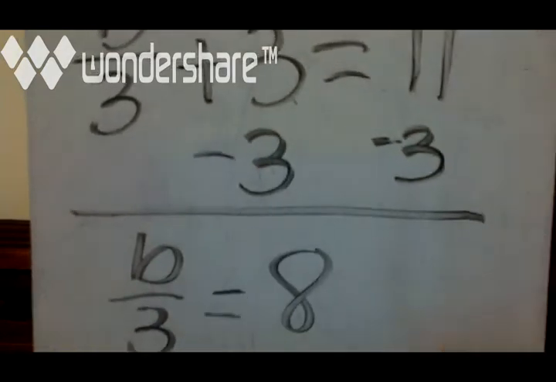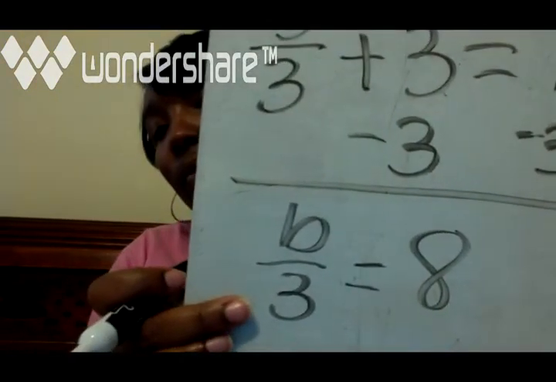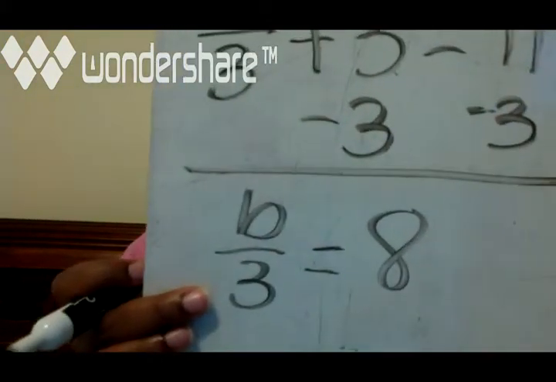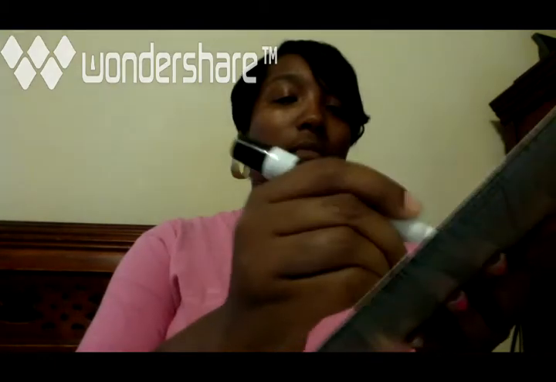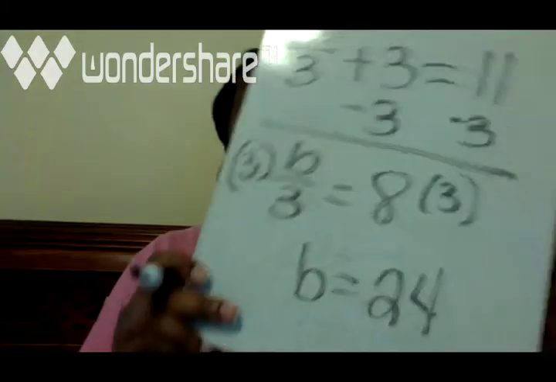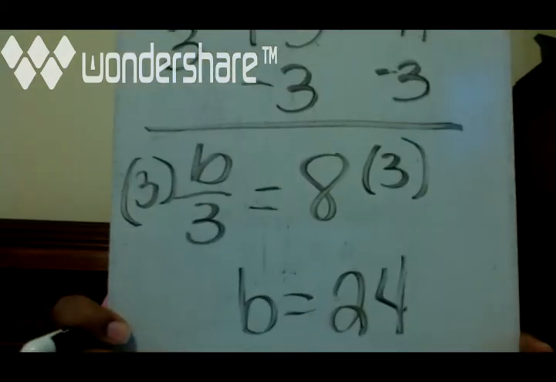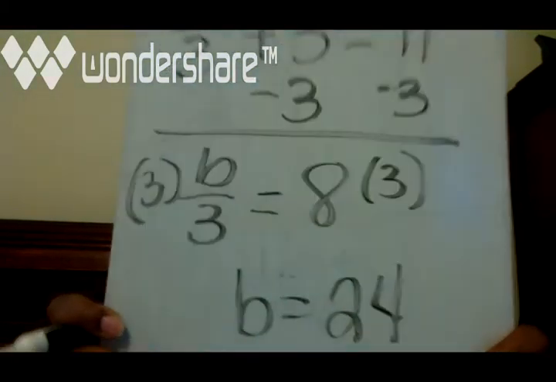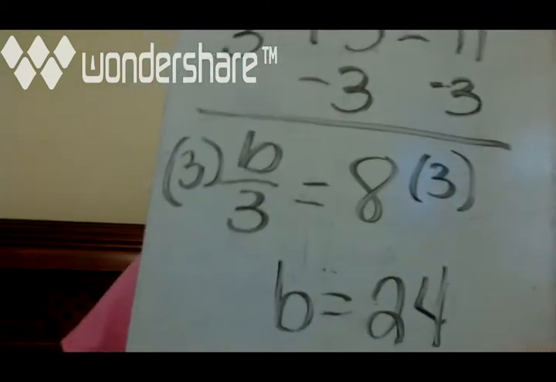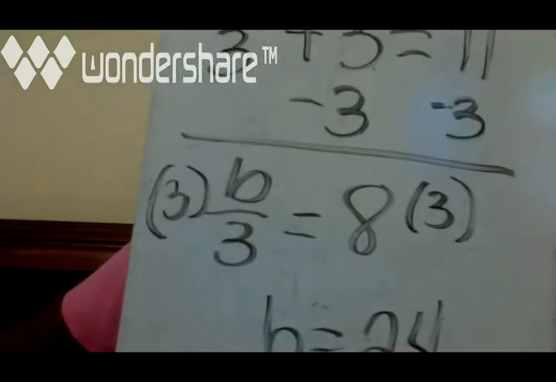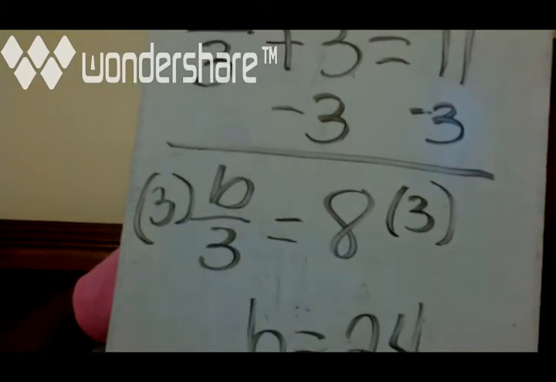This is the side with the variable, so I'm going to multiply both sides by 3. 8 times 3 is 24. Therefore, b is equal to 24.